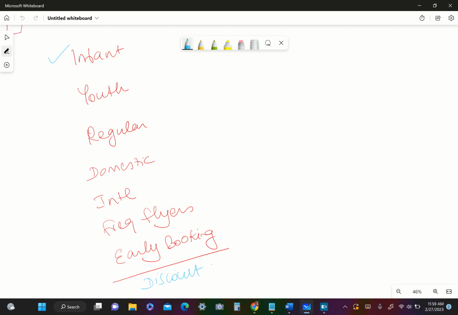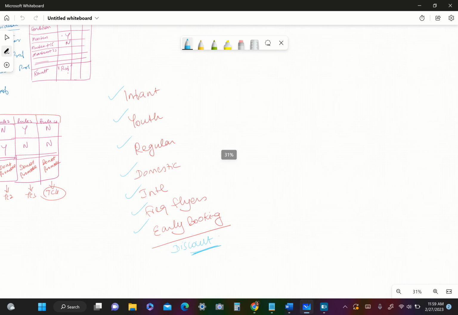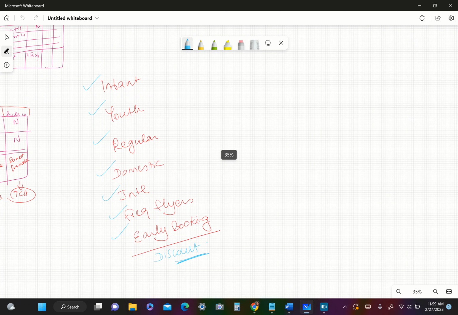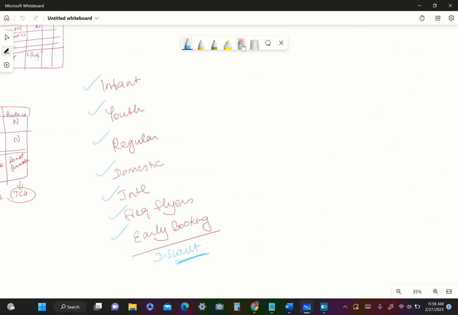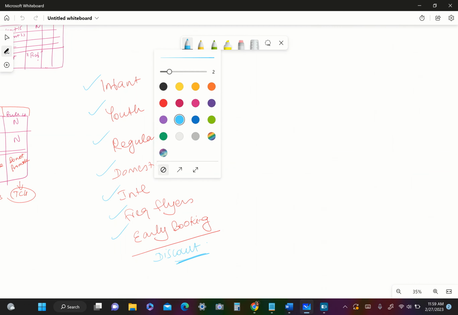So first we identify all the unique criteria, the combinations that can give us an outcome. Then we decide what the outcome is. The outcome is going to be the discount here. Now we can put this all together in a nice little table. So let's do the table.